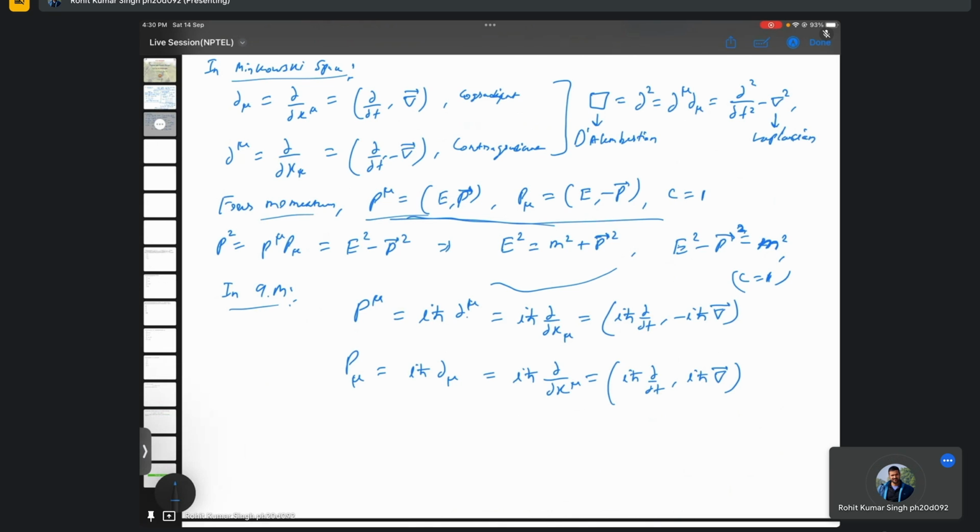Using these, you can write the p square again for a quantum mechanical particle, right? So it will be just (iħ) square times del by del t square minus delta square.